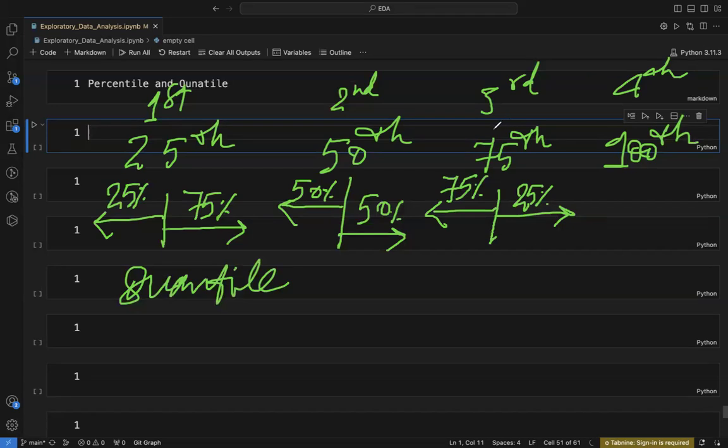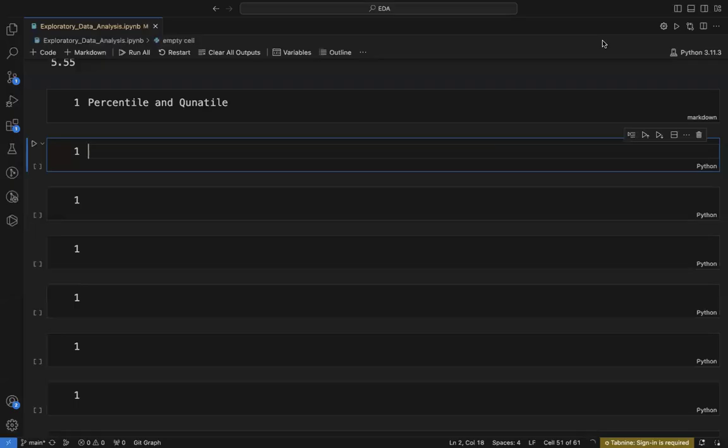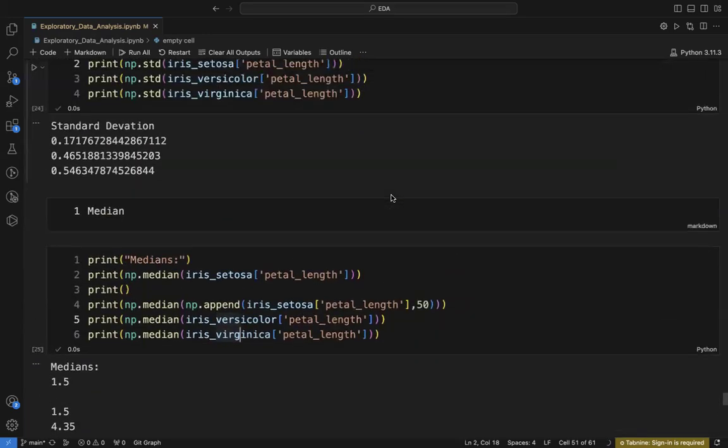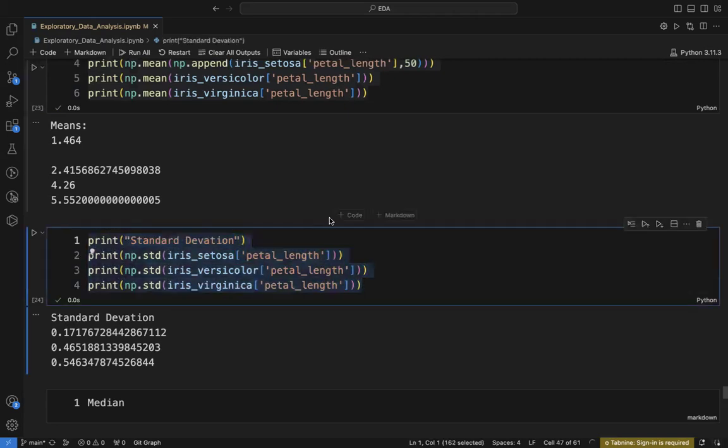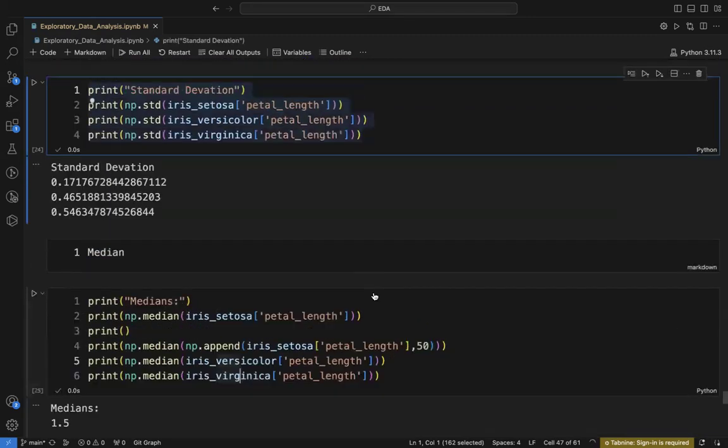Now let's write code to calculate the quantiles. I am just copying this code and I will make some changes in it. Let's paste it here.